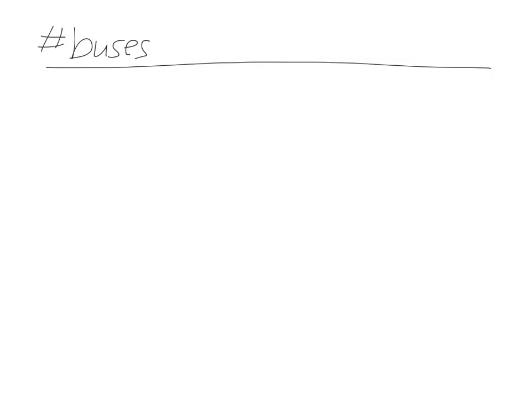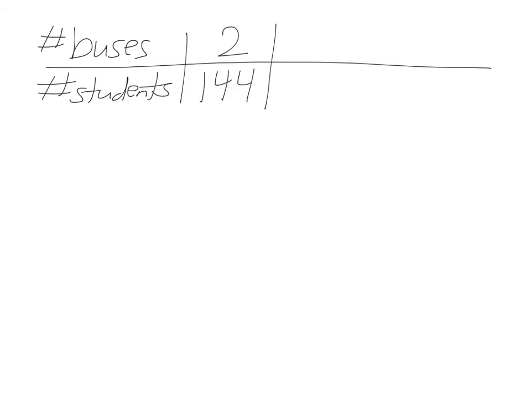You try this one for me. I have the number of buses to the number of students. 2 buses will hold 144 students. 3 buses will hold 216 students. 4 buses will hold 288 students.